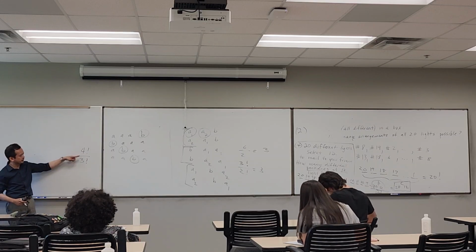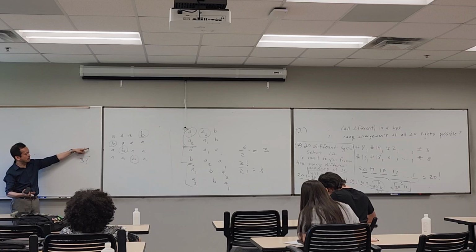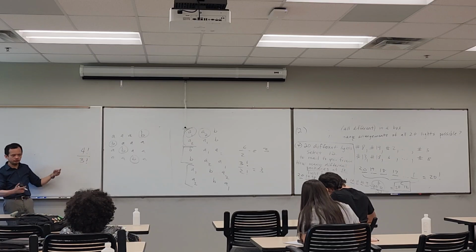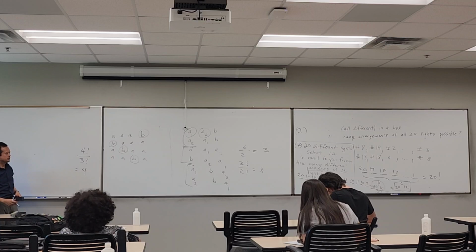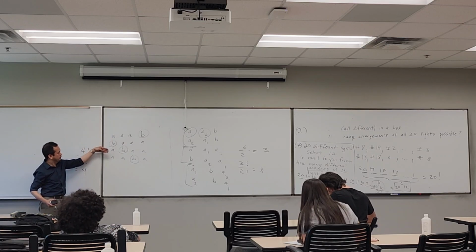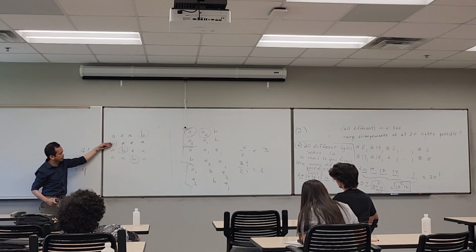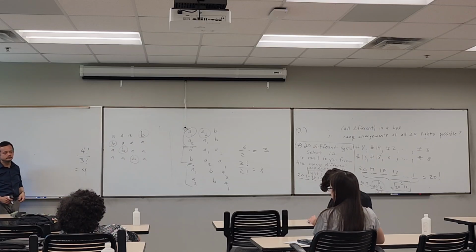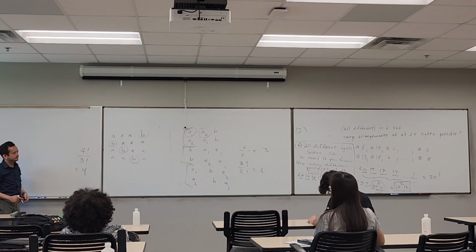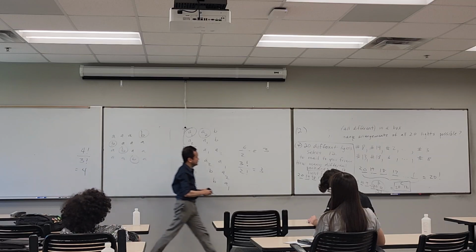So 4 factorial divided by 3 factorial ends up being 24 on top divided by 6 on the bottom, and that's 4. So that's how we're getting this count of 4 distinct configurations quickly. Any questions? Okay, so let's ramp up from here.